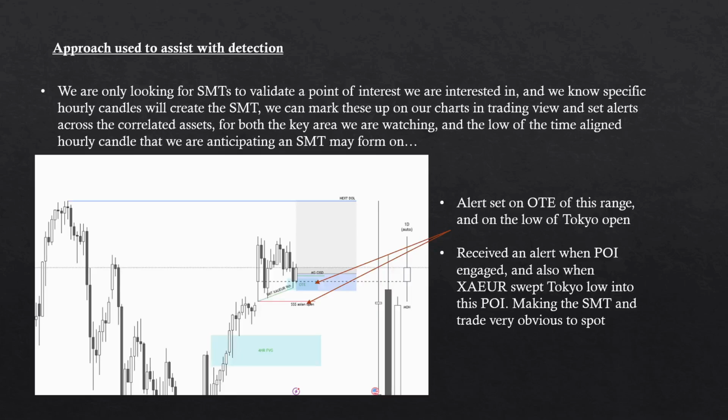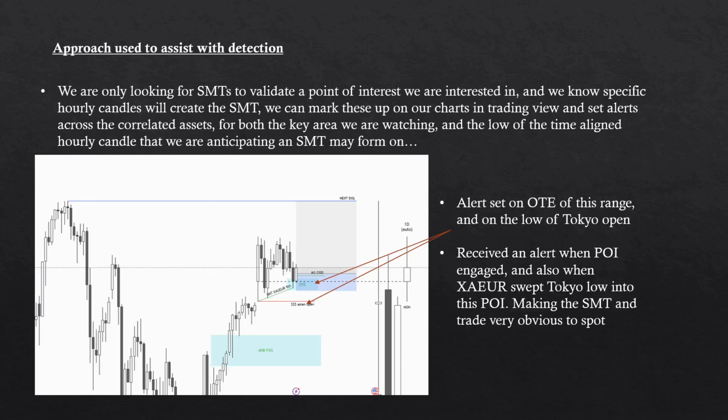Approach used to assist with detection. We're only looking for SMTs to validate a point of interest we're interested in, and we know specific hourly candles will create the SMT. We can mark these up on our charts in TradingView and set alerts across the correlated assets for both the key areas we are watching and the low of the time aligned hourly candle that we are anticipating an SMT may form on. As can be seen in this example, price engaged at an hourly range OTE level.